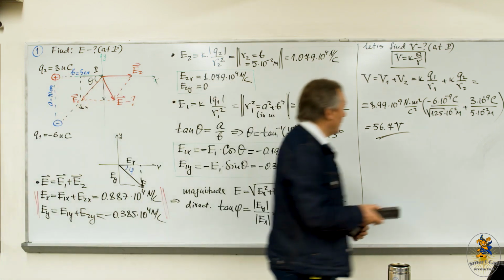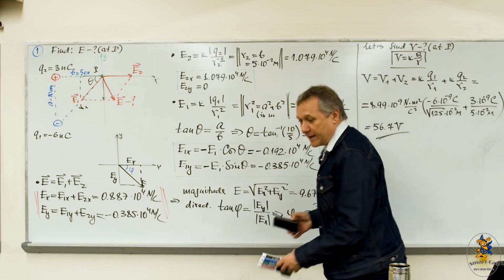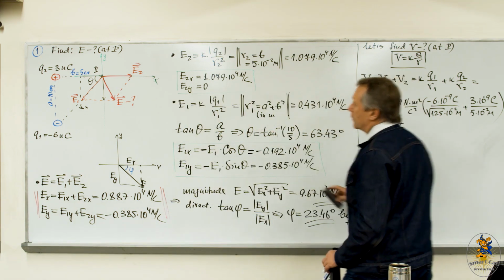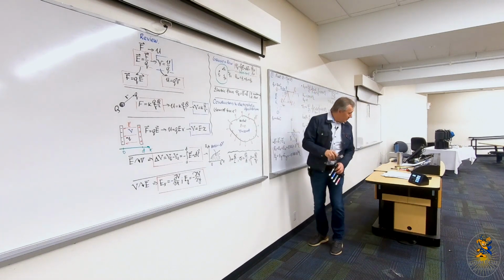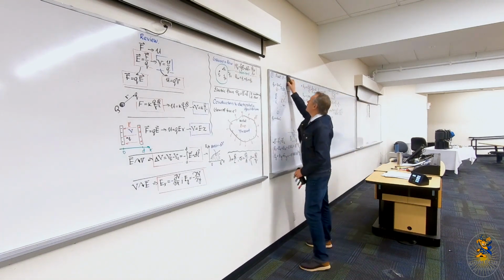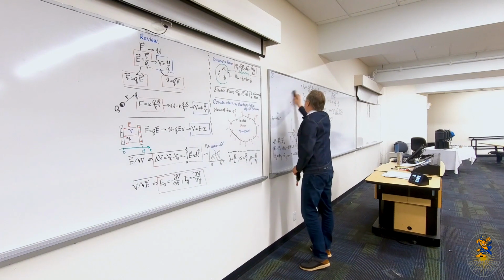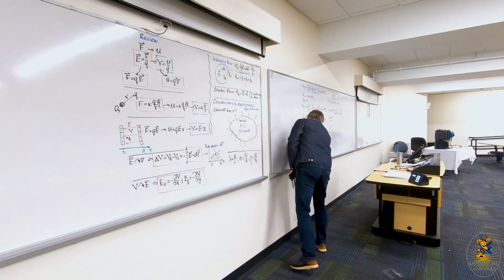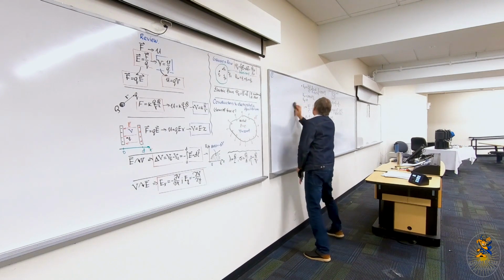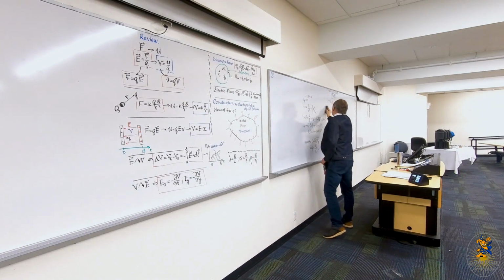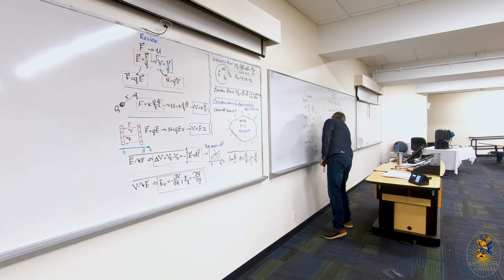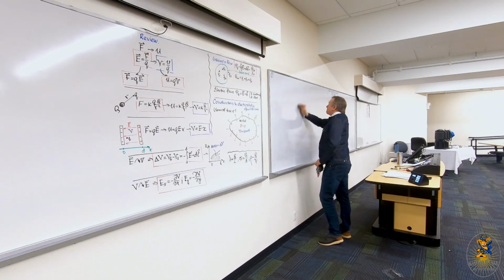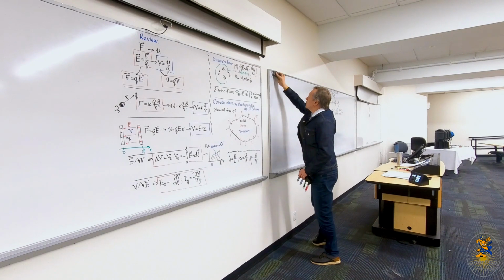Okay. So next one, let's find the spot for an equilibrium of one charge. So number 2.